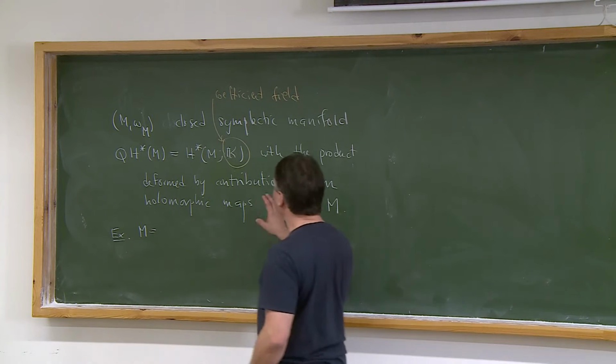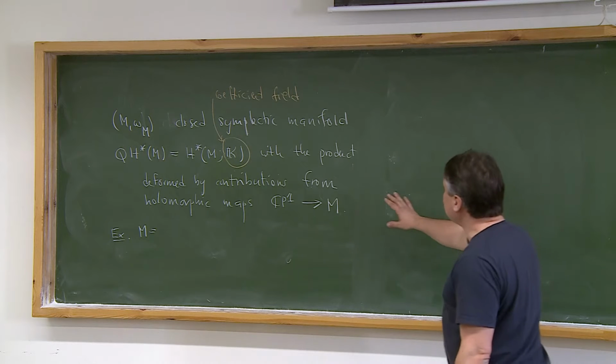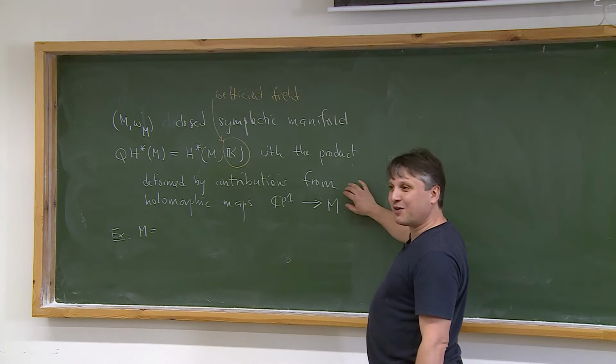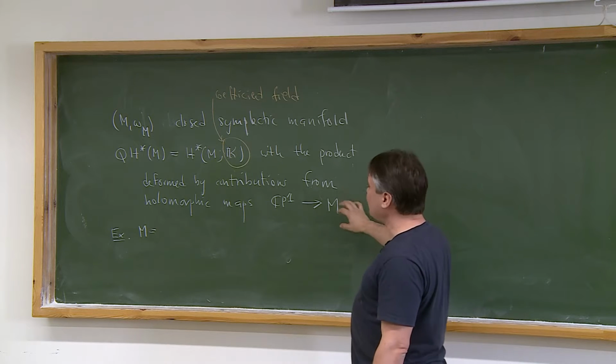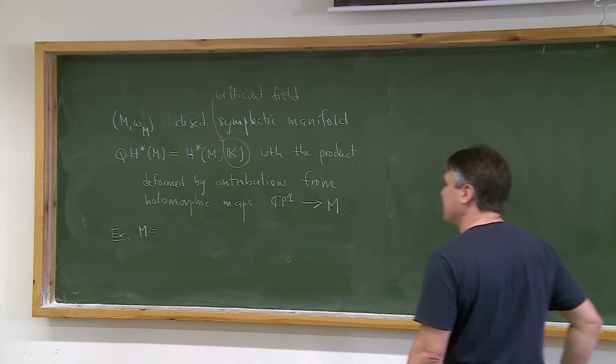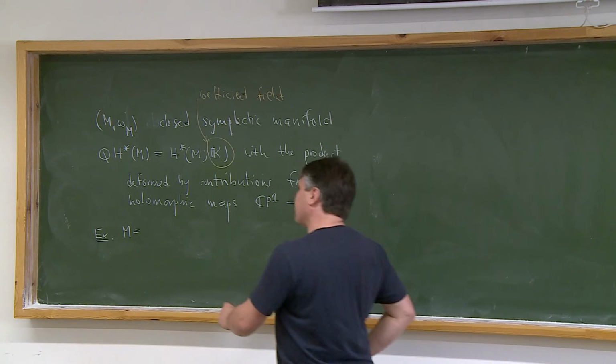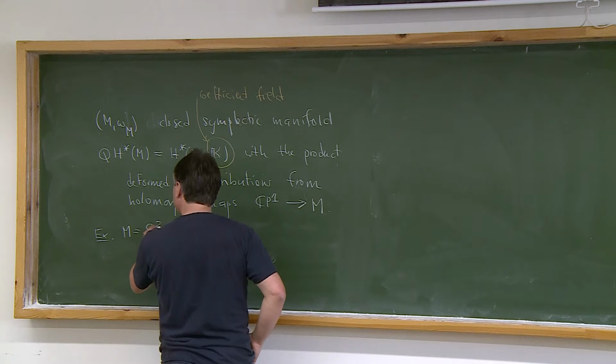Oh, by the way, if you wonder about holomorphic maps, you could think of this as being an actual complex algebraic variety, and then you know what a holomorphic map is. If it's not, then you have to choose an almost complex structure, and they're pseudo-holomorphic maps in the sense of Gromov. But no worries.